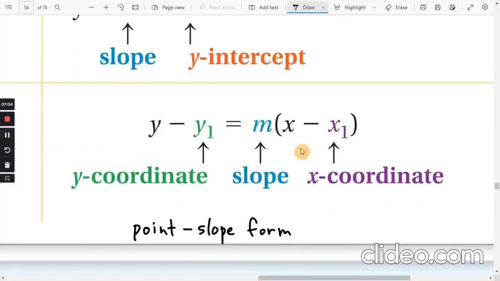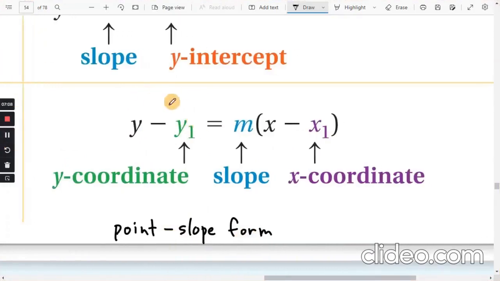So this equation here is said to be in point-slope form. So it is y minus y1 equals m times x minus x1. And the reason it's called point-slope form is because you can get the slope and 1 point from looking at the equation.